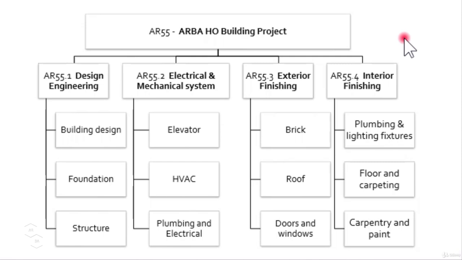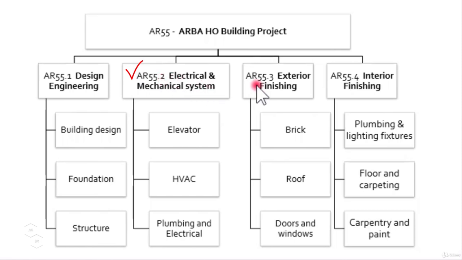As you see at the top, we have the project name there. But before the name, we have the project code, which is AR55. Then the name of the project is ARBA Head Office Building Project. Now, we have divided our project work into 4 sections or parts. The first phase is design engineering, and the code for design engineering is AR55.1. Similarly, the second phase is AR55.2, electrical and mechanical system.